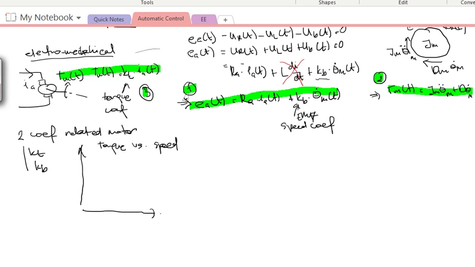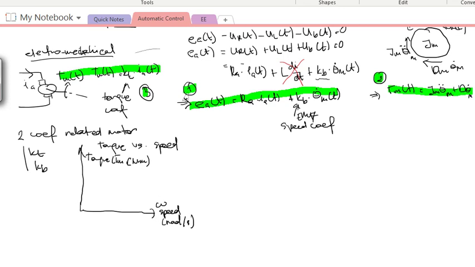So on the x-axis, you have the speed, omega, usually in radians per second. And on the y-axis, you have torque, Tm, usually in the SI unit of newton meters. And the graph will look something like this.